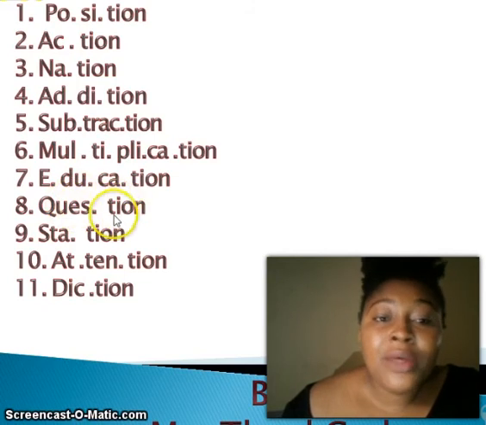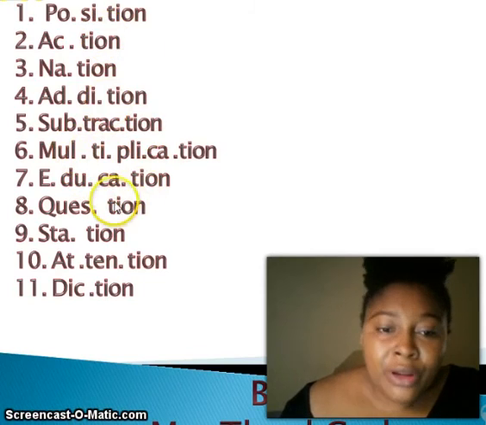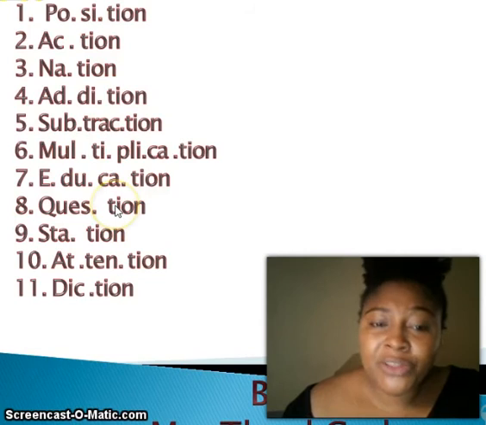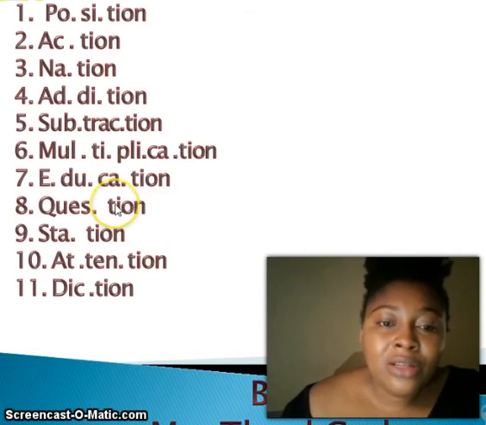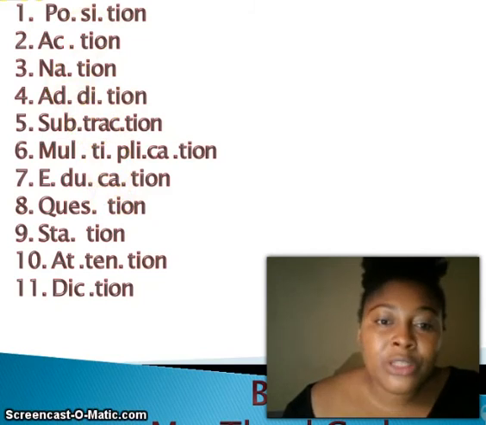Question. Now I added this word because it's spelled with TION, but in this word, it's special. The last syllable here is special. It's pronounced as "chin," and not "shin," like the other words we're considering. Just take note, here it is pronounced "chin."